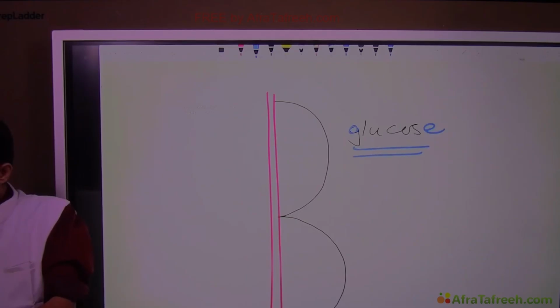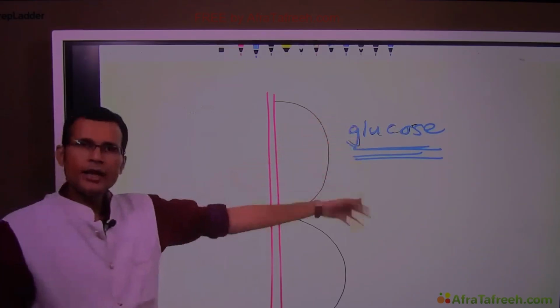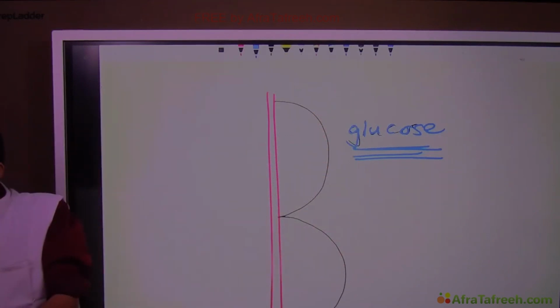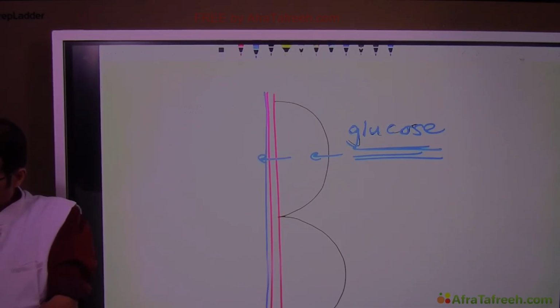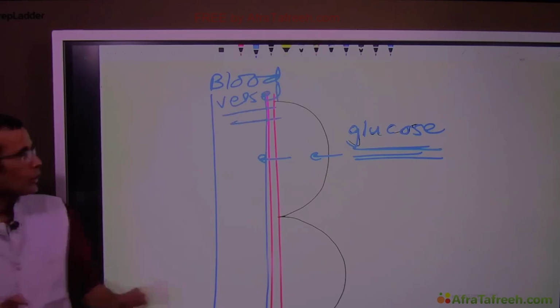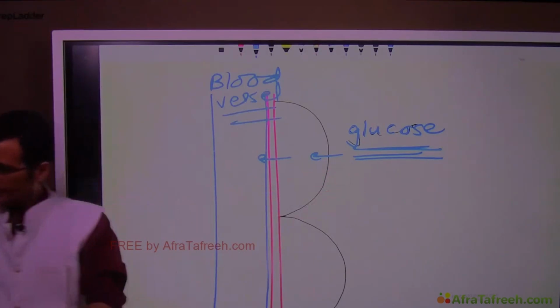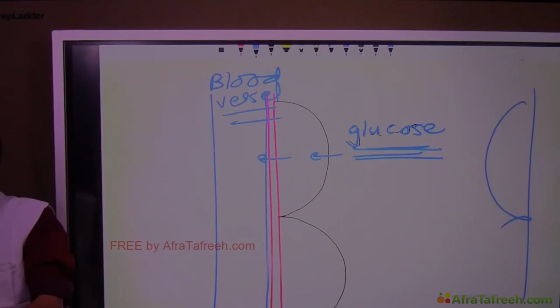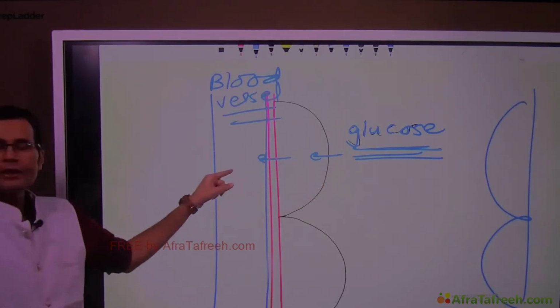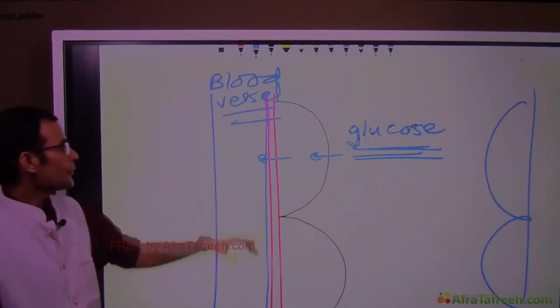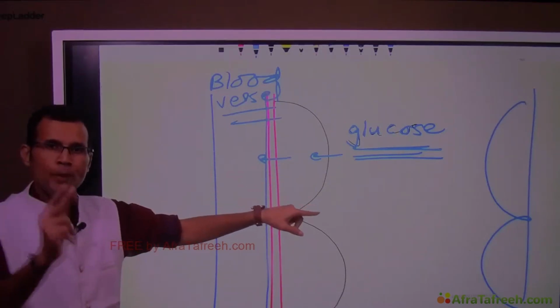Glucose is in the lumen of the GIT or kidney, and it is going to be absorbed into the bloodstream. So let's show a blood vessel over here. Here is a blood vessel, and glucose from the lumen is going to enter the bloodstream, which means it will need to cross two membranes.